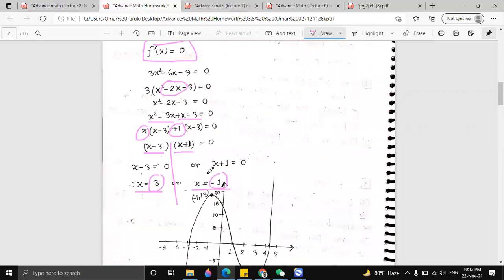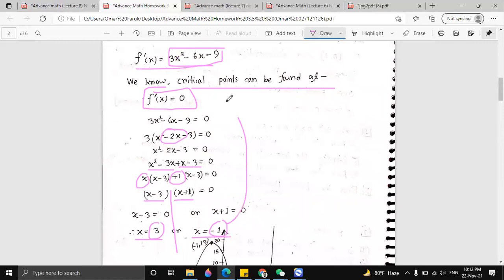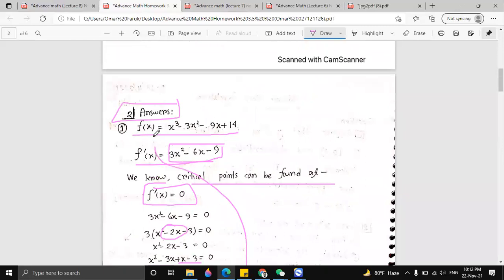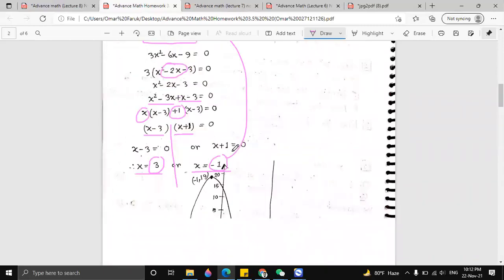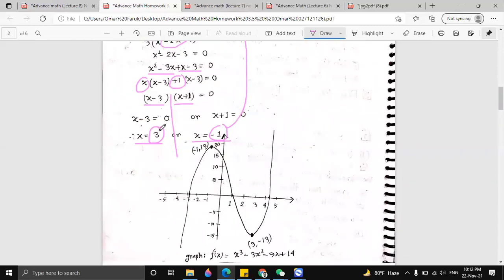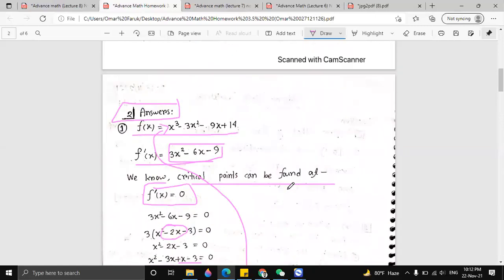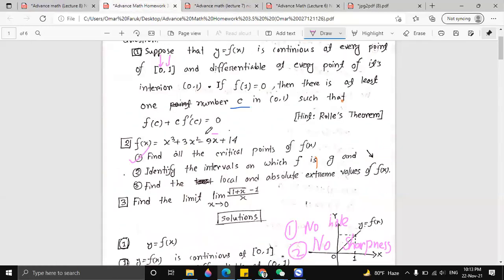Now we have to put these values in the main function. So I already found the answer of number 1 question, where we needed to find the critical points.